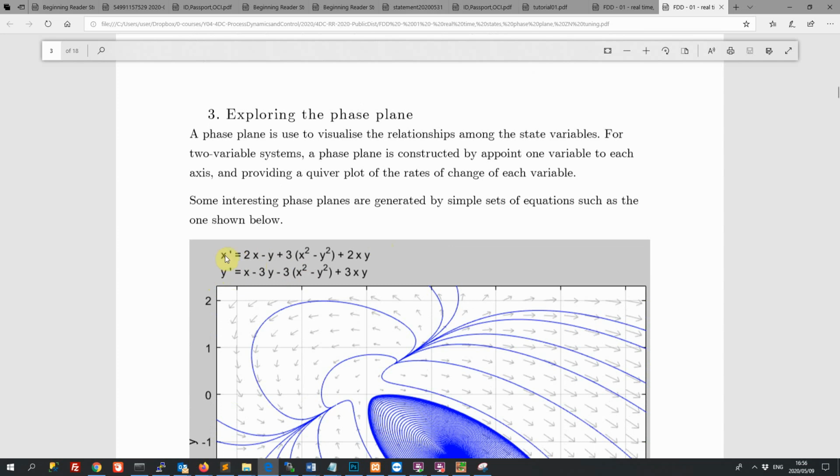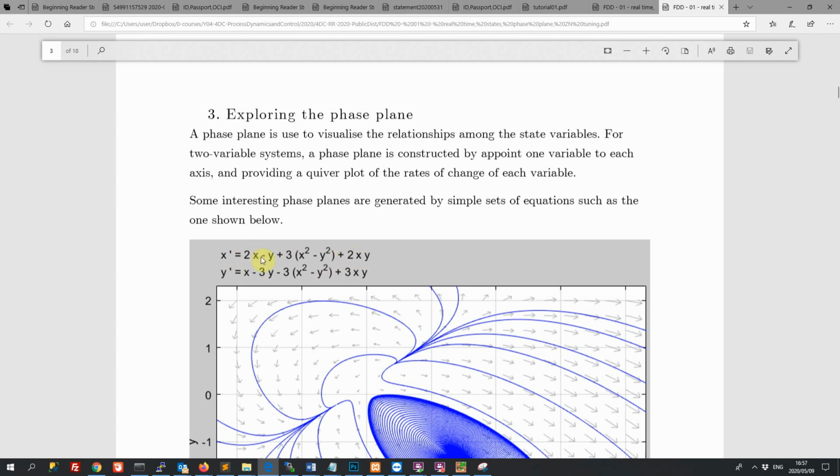So we have dx dt, it's a function of x, but it's also a function of y. So x and y are unknown time functions. So when we integrate this, we start out with some initial value for x and y. And so x and y, if they are defined, then we just stick them in on the right-hand side.